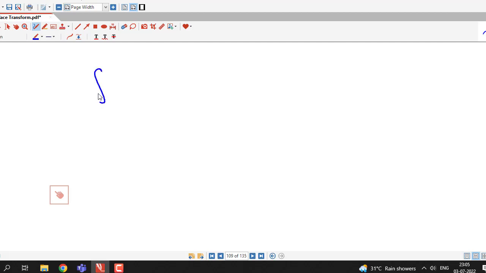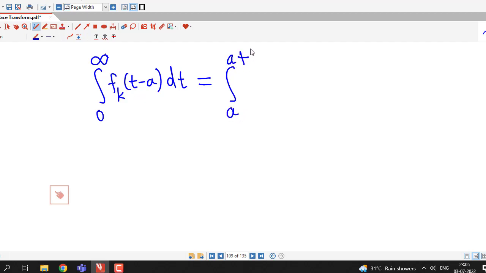Suppose we are interested in the integral of this function f_k(t minus a). We know that this function is non-zero in that interval only, a to a plus k. Outside this interval the value of the function is 0, and in this interval the value of the function is 1 by k. The integral is with respect to t.